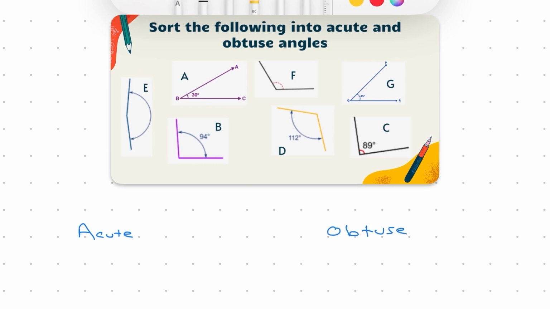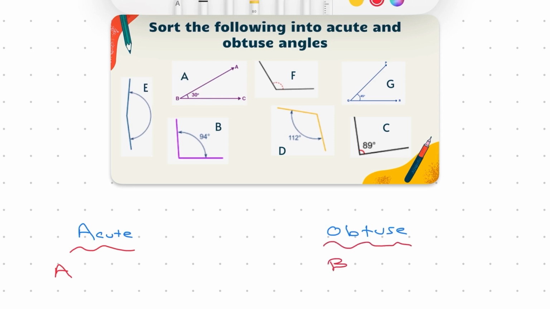And we'll categorize them based on their letters. So let's start with letter A. I see that A measures 30 degrees, and since that's less than 90, it is an acute angle. So we'll add A to our list. Let's go on to B. This measures 94 degrees. Since that's greater than 90 but less than 180, it's an obtuse angle.